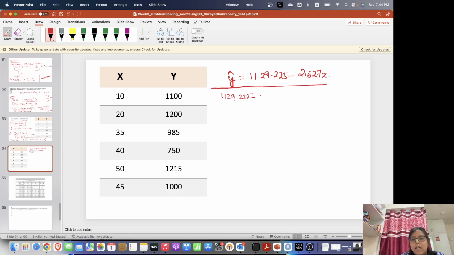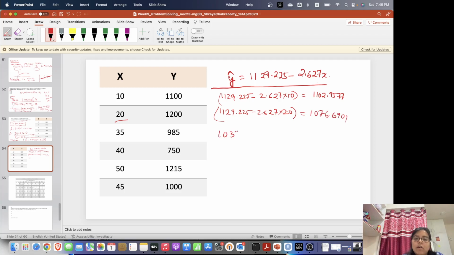1129.225 minus 2.627 into 10. So this would be 1102.9577. Similarly, I can calculate 1129.225 minus 2.627 into x, that is 20. So this would give me 1076.6901.